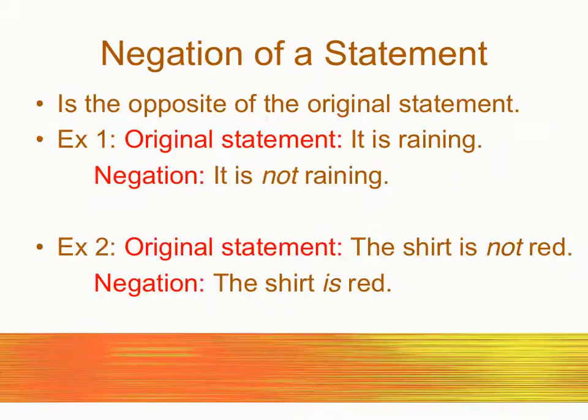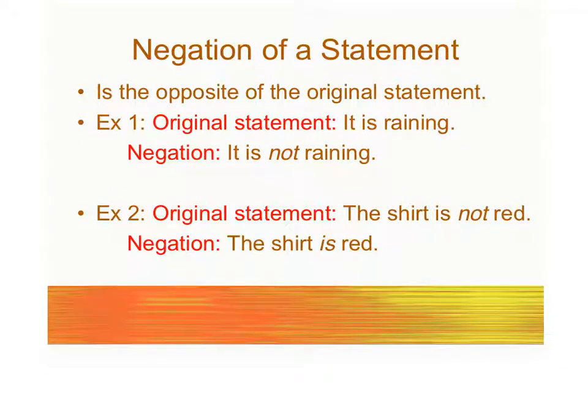All right. Next, we're going to talk about the negation of a statement. Now, another word that we could use here is the opposite of the original statement. So basically what you're going to do is either you're going to put in the word not or take the word not out. So if it's already negative, you make it positive.